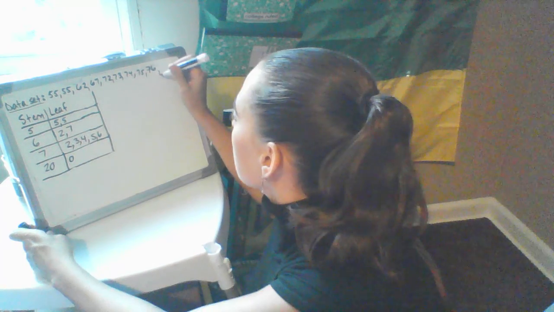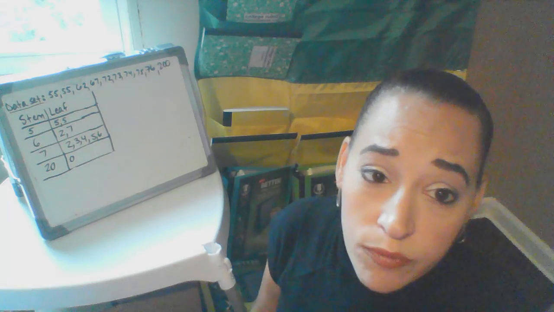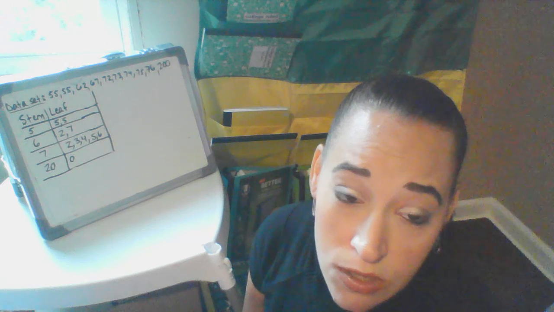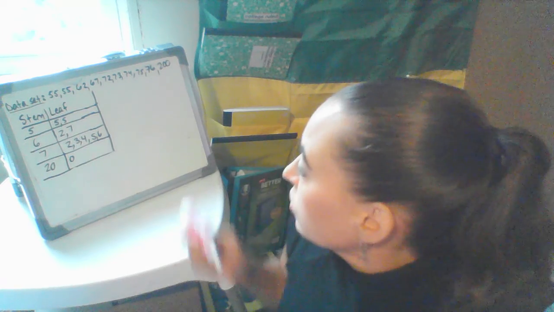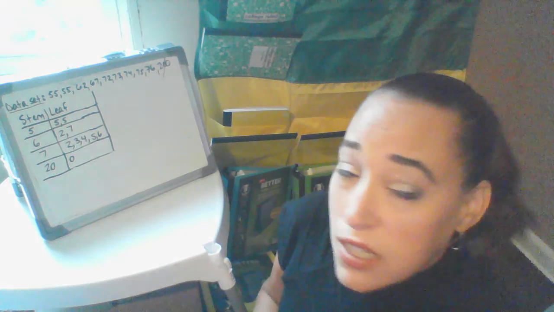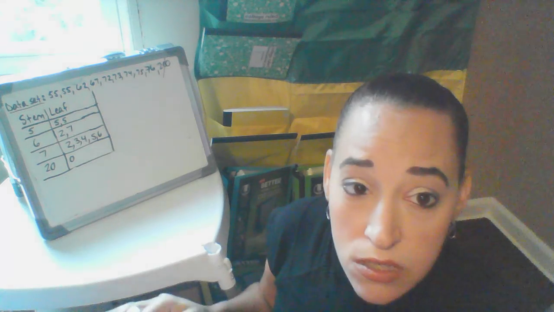Now I didn't write that up there, but I should have, because I'm canceling it out. So I also had 200. We can see 200 is an outlier point. We are not going to use that point. I'm going to cross off that point when I'm calculating my mean and median. We're going to say this is an outlier.